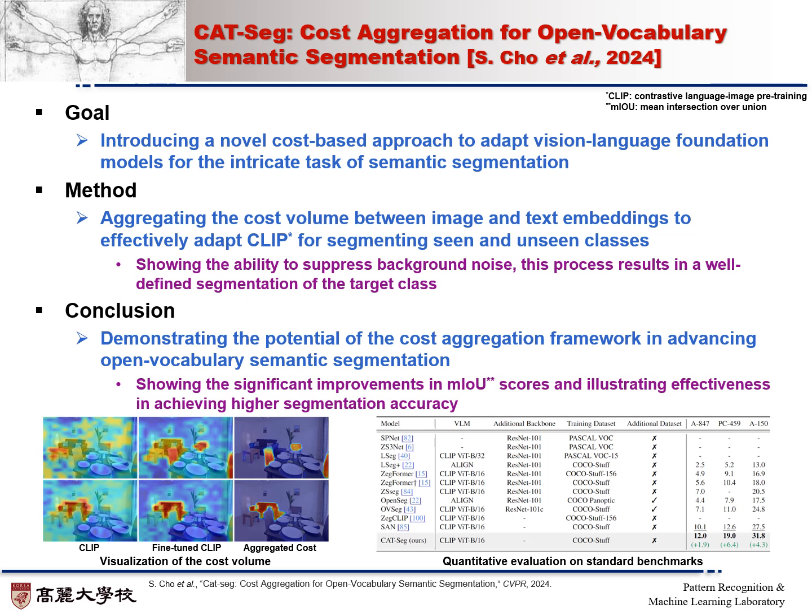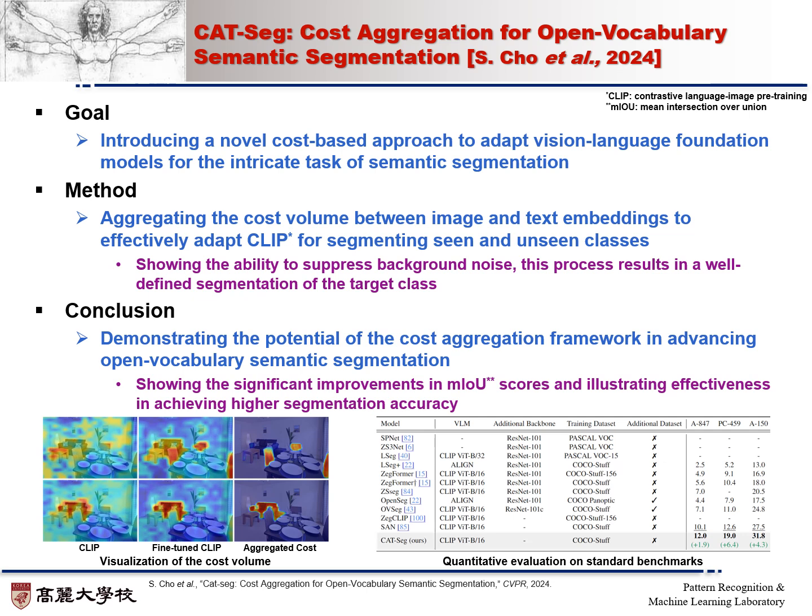Next is a paper highlighted at CVPR 2024, which introduces a novel cost aggregation-based approach to tuning vision-language models for the complex task of semantic segmentation. Okay, method. It first computes the cosine similarity between image and text embeddings, aggregates the spatial and class costs, and applies them to CLIP to effectively segment both seen and unseen classes.